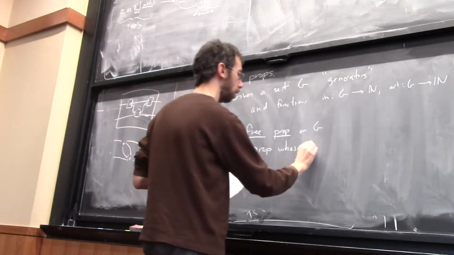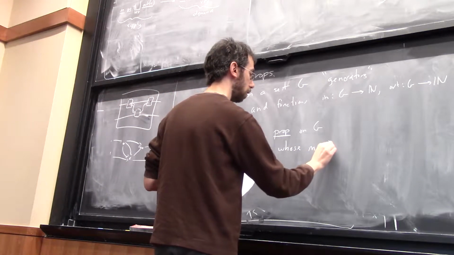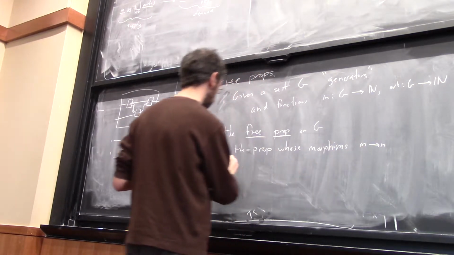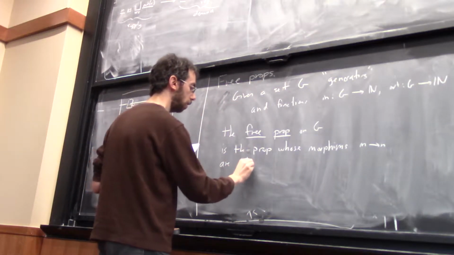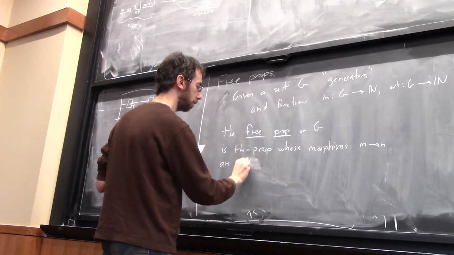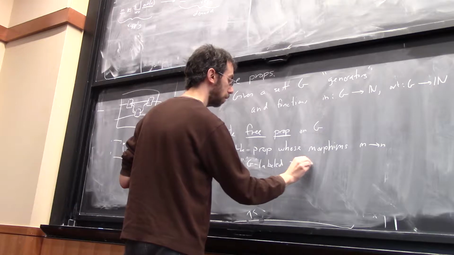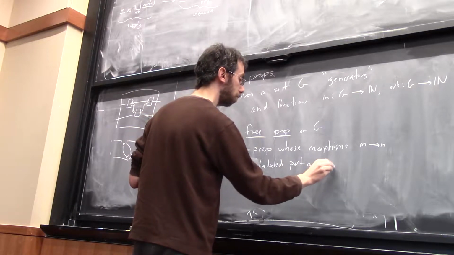And the morphisms are G-labeled port graphs. This is called the free prop.